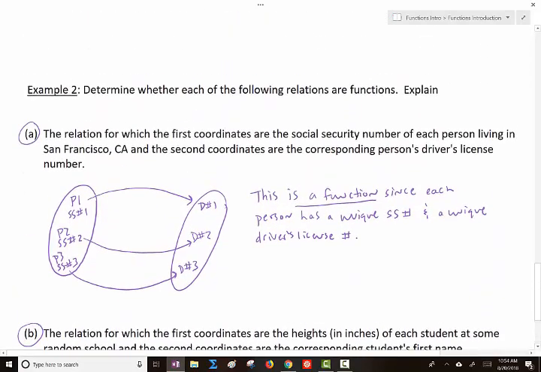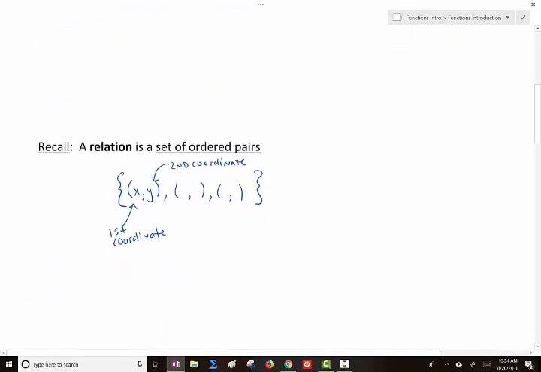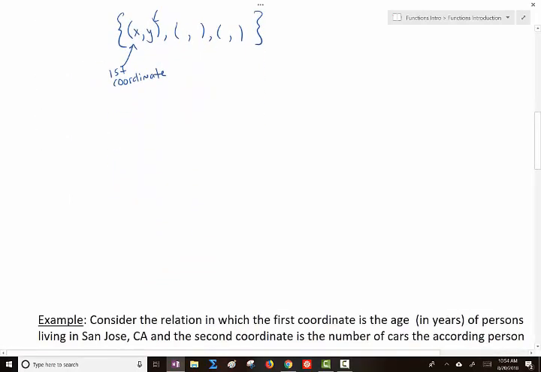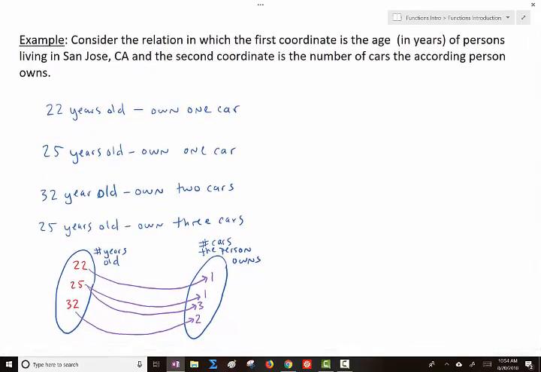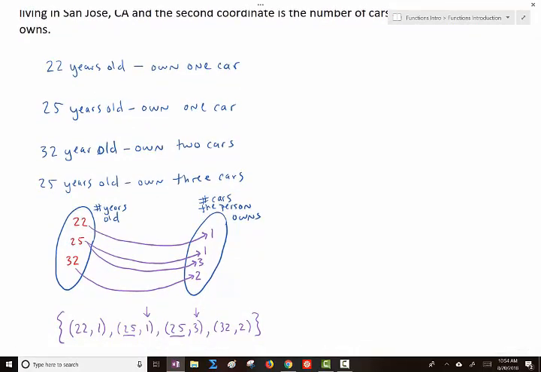So, to refresh, a relation is a collection of ordered pairs, a set of ordered pairs. In example 1, we saw a scenario in which the first coordinates were the ages of some persons living in San Jose, California, and the second coordinates were the number of cars that the corresponding person owned. We made up some things which could very well happen, and we saw that one person who was 25 years old had one car, and another person who was 25 years old had 3 cars.